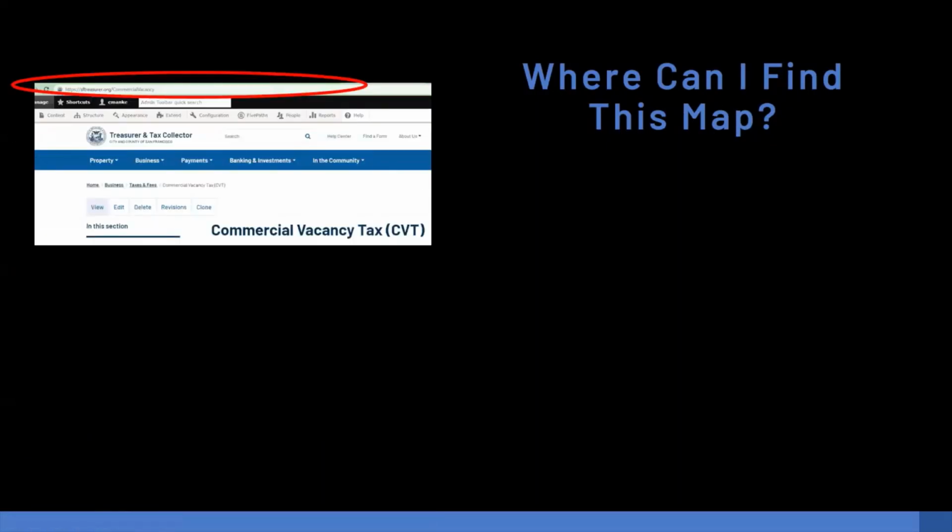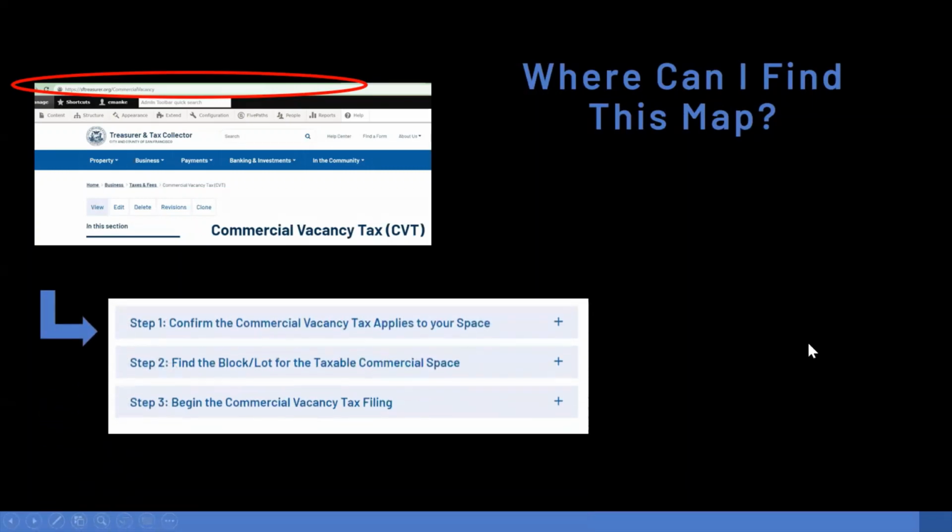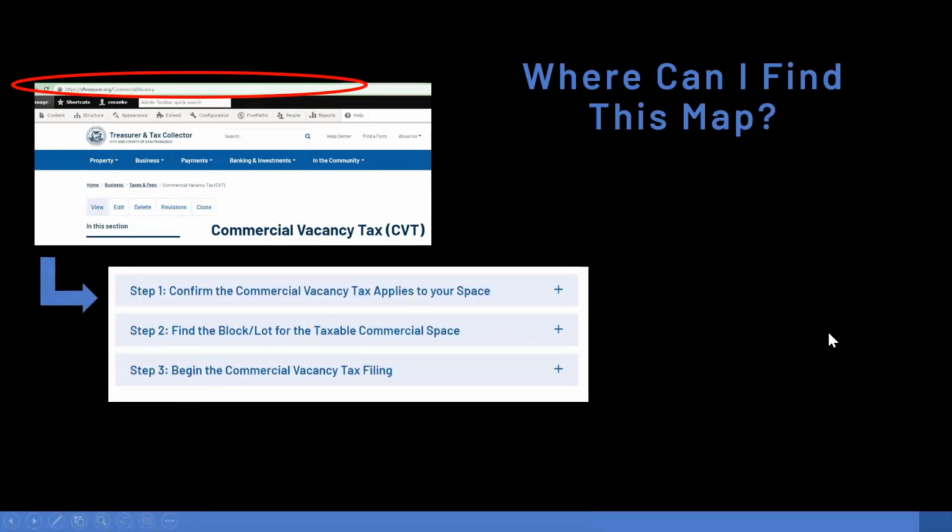To check to see if the commercial vacancy tax applies to your commercial space, you may visit our website, sftreasure.org/commercialvacancy. Under the commercial vacancy tax page, there is a list of drop-downs. Click on the Confirm the commercial vacancy tax applies to your space to expand the option.